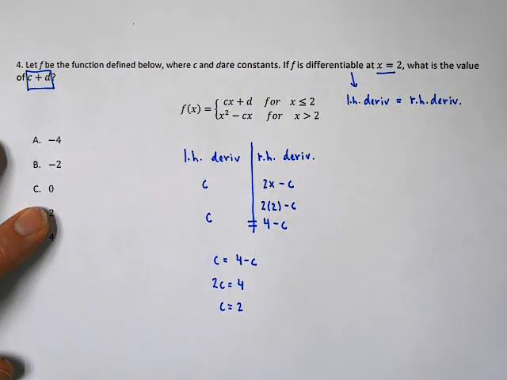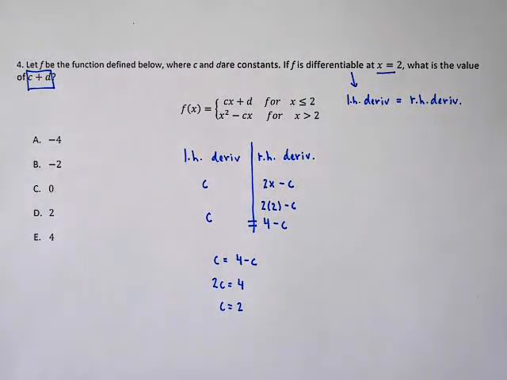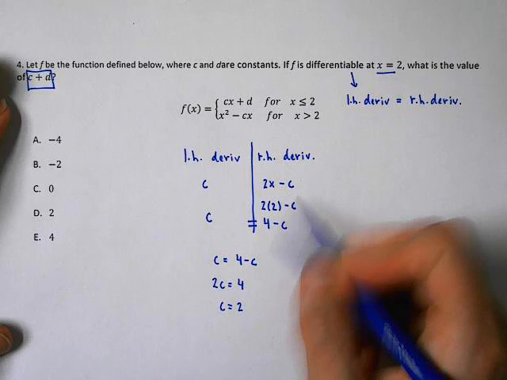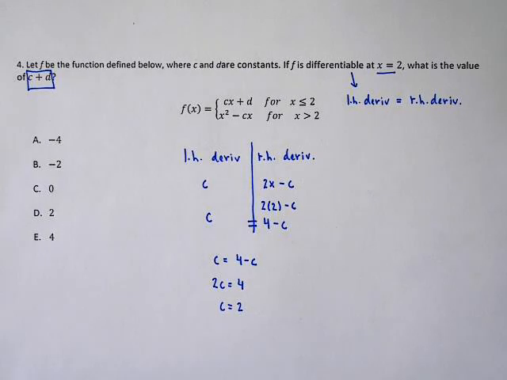Now, I'm not done because I was asked to find the sum of c plus d. So let's go back here. I need to find the value of d. Here's where we're going to have to go back. I started here because I knew those derivatives were equal to each other. So now I'm going to use this idea of continuity as well.